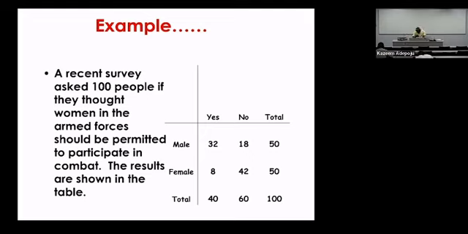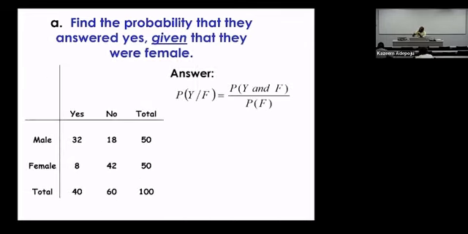Okay, so you can see the responses. Do you know that we can actually compute a conditional probability based on what we have now? Take a look at this. If I want to find the probability that they answered yes, given that they were female, I need to pay attention to the underlined word, given.